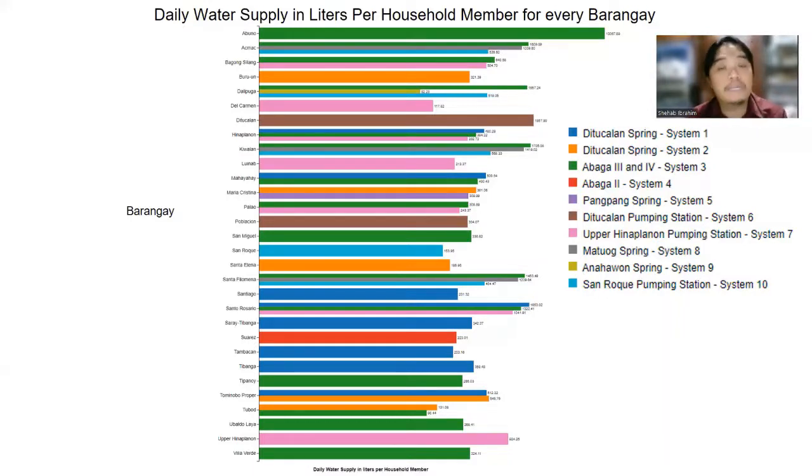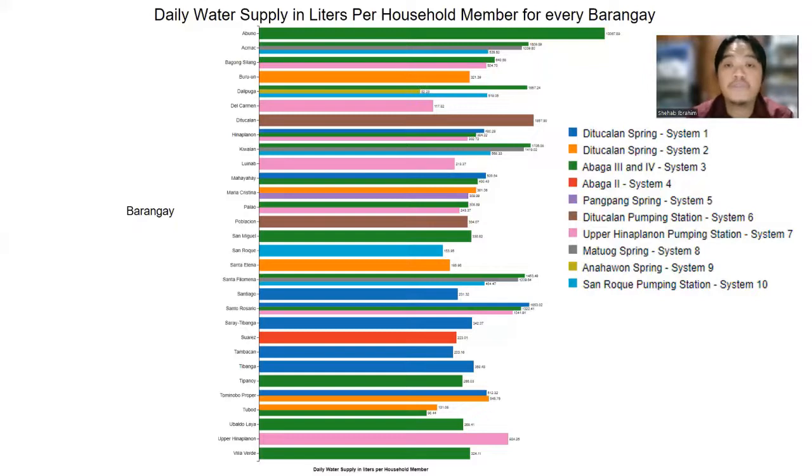Let's go with Dalipuga. In Dalipuga, there are three pumping stations serving this barangay. These are the Abaga 3 and 4, Anahawon Spring, and San Roque pumping station. We can also see the daily water supply.